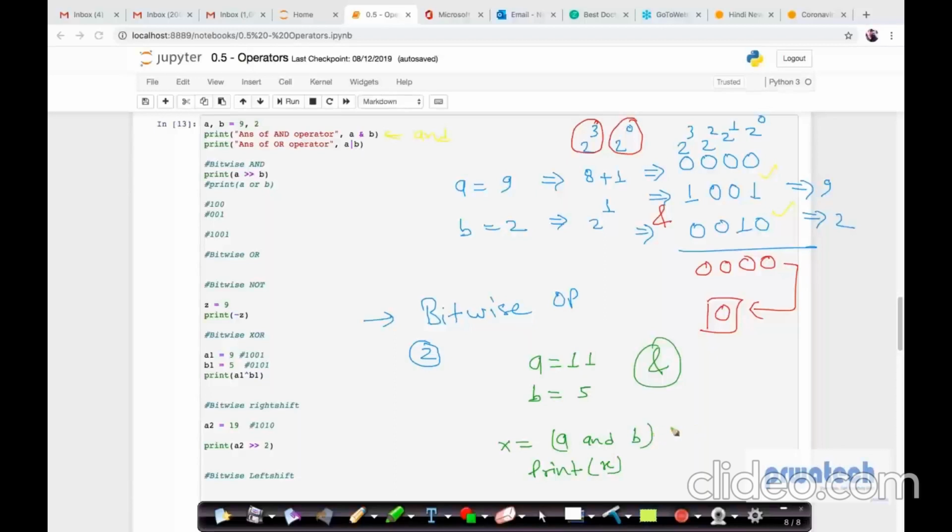So 2 minutes I'll give. If you get the answer, it's well and good. Otherwise, I'll solve it here. 0, 1, 0, 1. Bhushan's answer is 1 plus 4, so 5. So both answers are different.